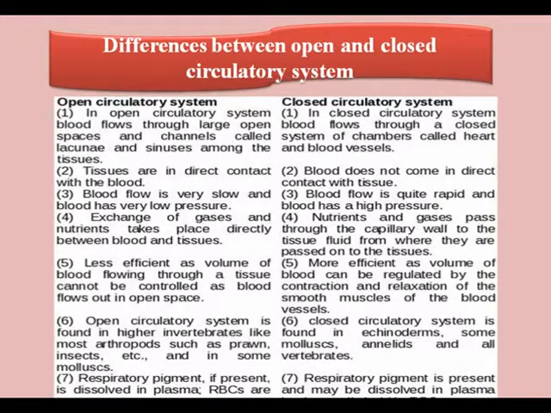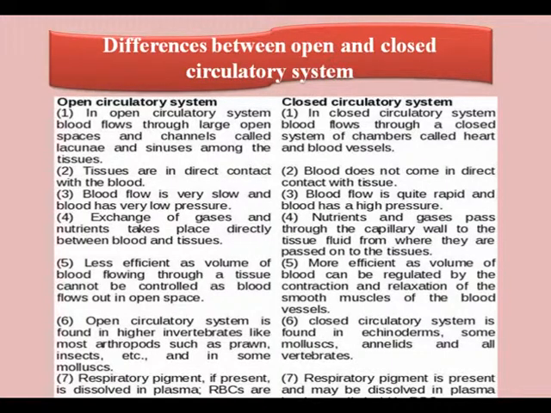There are many differences in open and closed circulatory system. Some important ones are as follows. In open circulatory system, blood flows through large open spaces and channels called lacunae and sinuses among the tissues, whereas in closed circulatory system, blood flows through a closed system of chambers called heart and blood vessels.